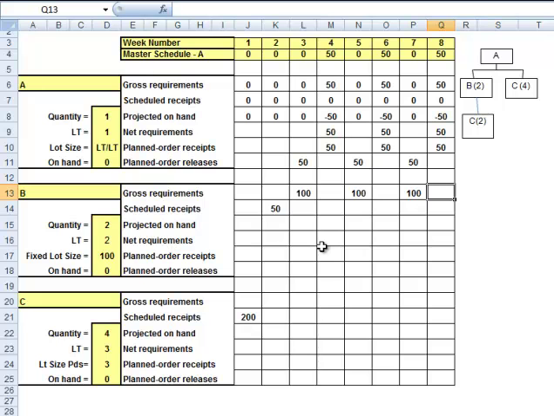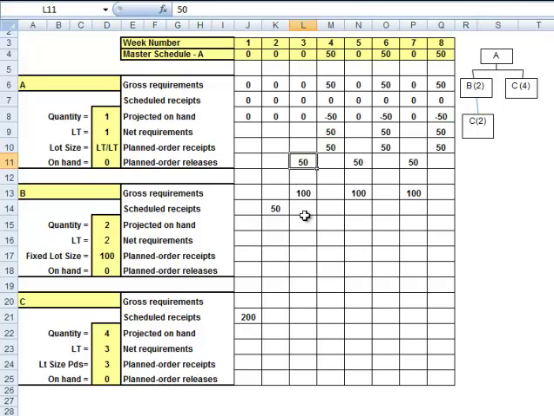Let me calculate the gross requirements for the dependent part C. Taking a look at the diagram to the right, you see that it requires 4 C's in order to make 1 A. So the 50 A's that must begin in time period 3, how many C's will be needed in order to be able to start those 50?